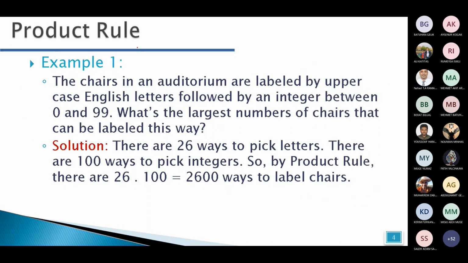Okay, so product rule. Look at this example. This example says the chairs in an auditorium, like the cinema or any hall for doing events, are labeled by an uppercase English letter.